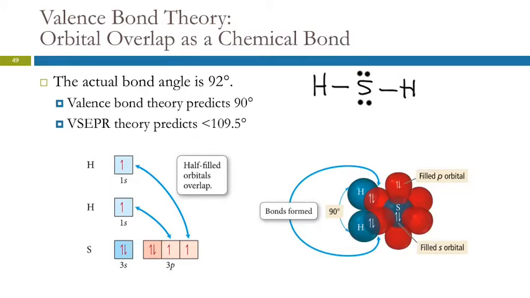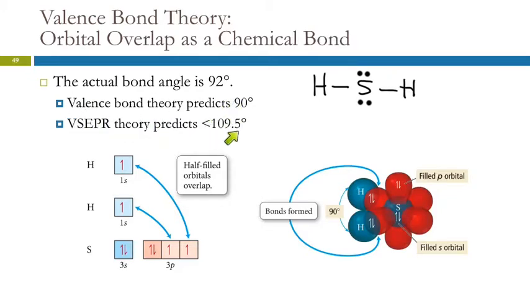So this predicts that bonds will form. We'll have H2S. This predicts that this angle, though, would be 90 degrees, because that's the angle of the p orbitals. So the actual bond angle is 92 degrees. Valence bond theory predicts that it's 90 degrees.